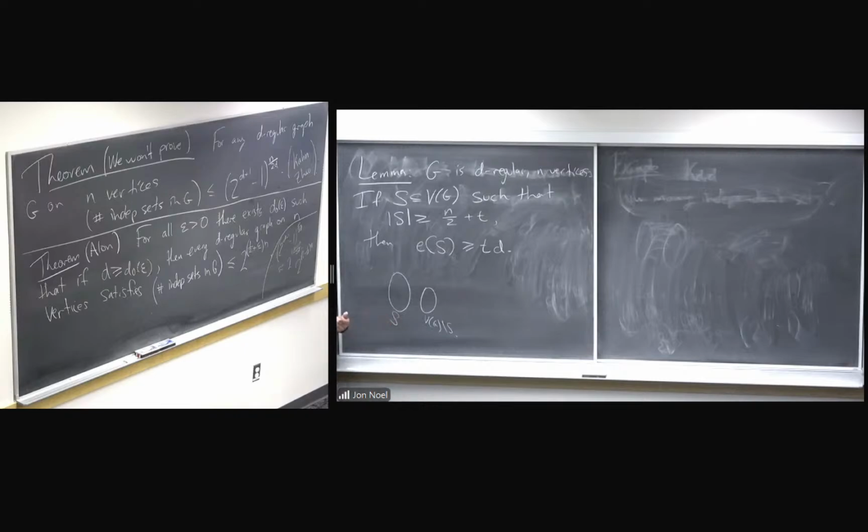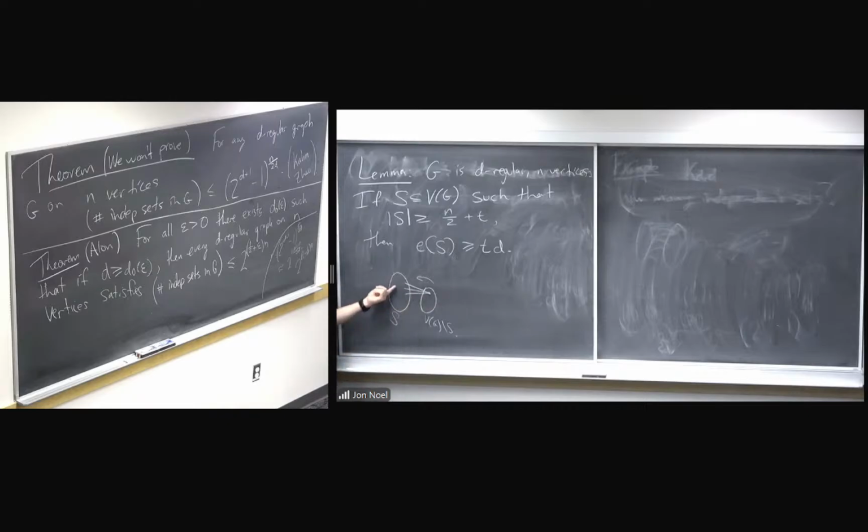Every vertex has degree d. So if I look at how many edges go from this set to that set, each of these vertices contributes at most d edges this way.